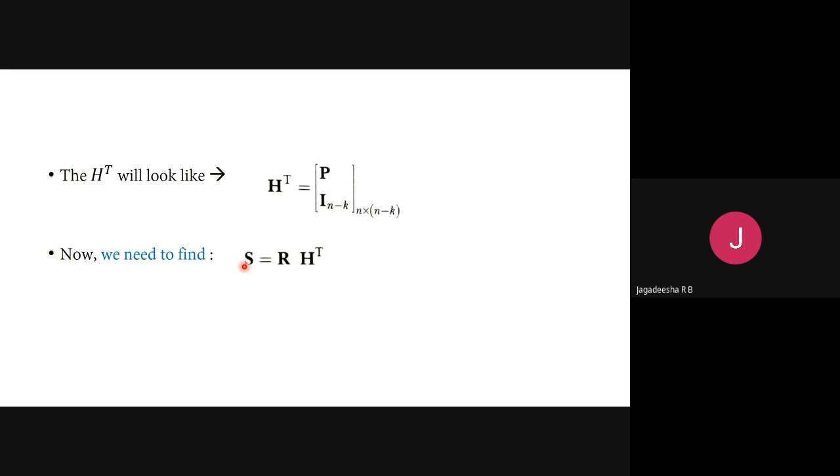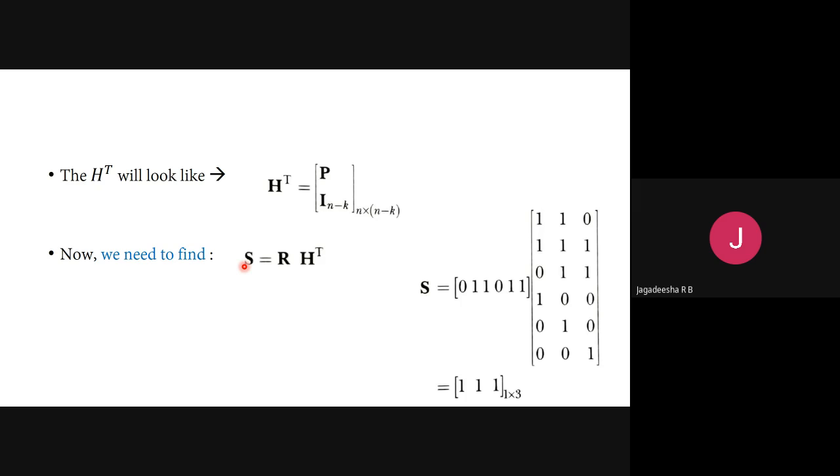Okay, now the receiver has to find out the syndrome vector. So S is what? This is R. R is a combination of C plus E, which is equal to R, right? This we have already found. R multiplied by H transpose. H transpose also we have found in the previous slide. So this is simple math, R and H transpose multiplication.